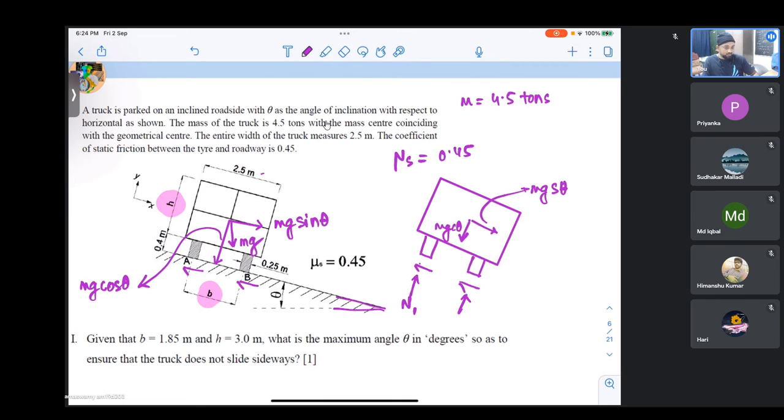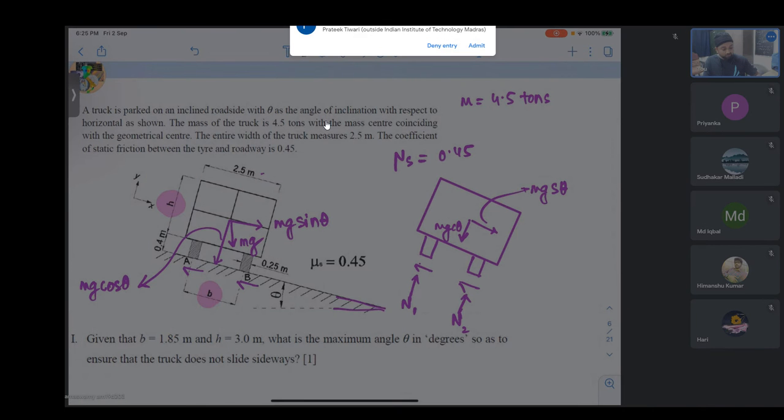From the symmetry we take it as N1 and N2. Actually they will not be equal, that's fine, but as long as we are dealing with the entire system, we can take them to be N1 and N2, and sum them up together to solve the problem. Both will be at the verge of sliding.